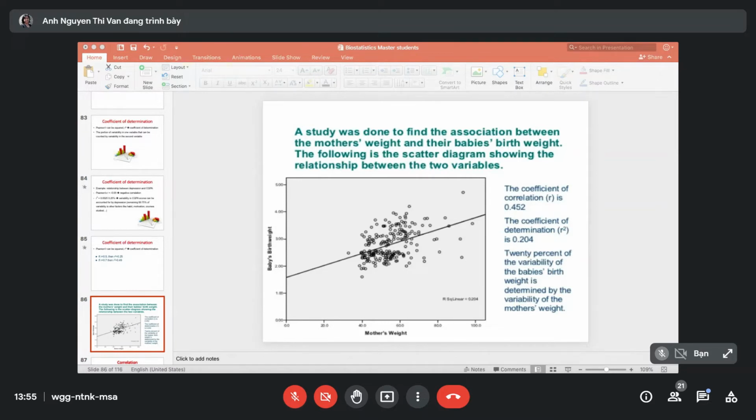Why? So it means we can conclude about the cause-effect relationship. Yes, I think so.